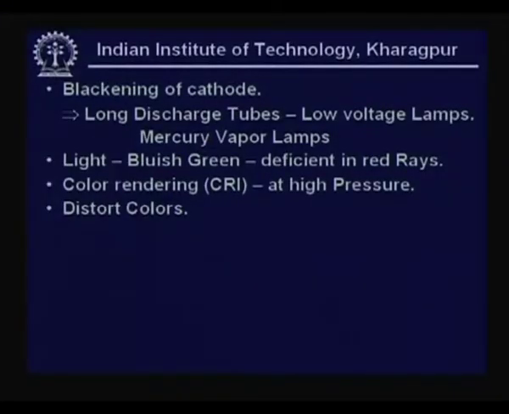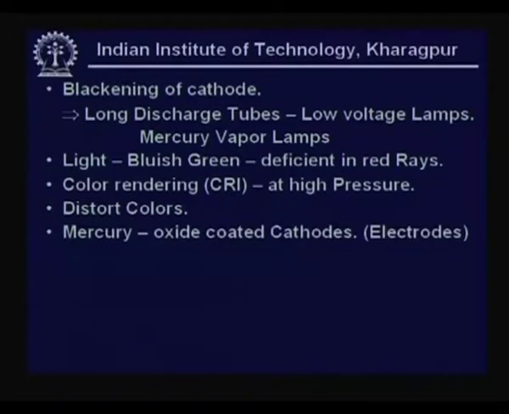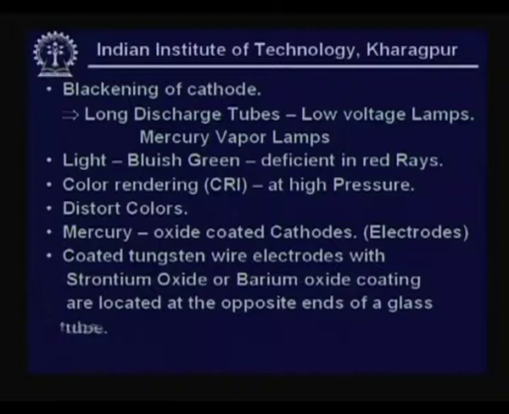In a mercury vapor lamp we have the oxide coated cathodes, and it becomes necessary, to avoid blackening and avoid long lengths for discharge tubes, and to be able to operate at low voltages, to employ thermionic emission.